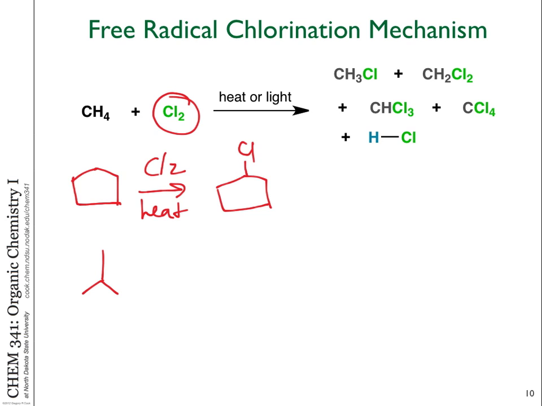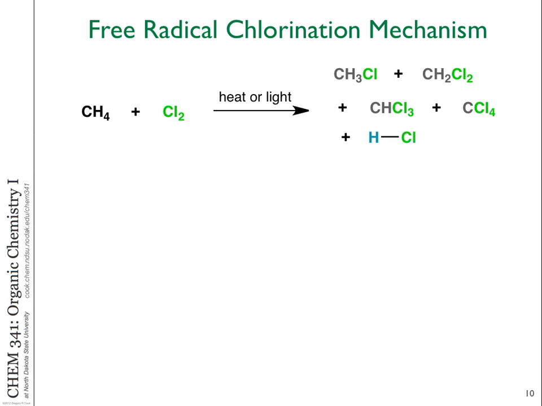We will learn that there are other ways to make alkyl halides that are better. We talked about a few of them here, right? Replacement of OH for a halogen, using SOCl2 or PBr3 with alcohols. Those are better, more selective ways because we know where the alcohol is, and that's where the chlorine or bromine ends up.